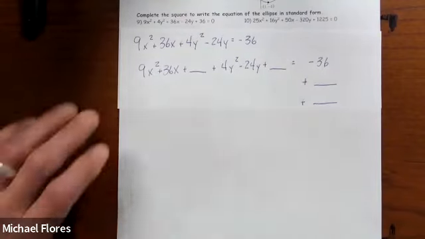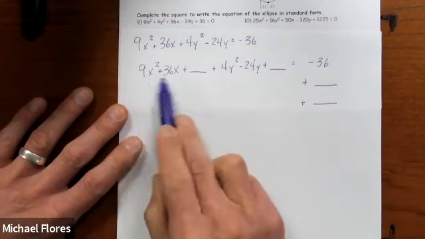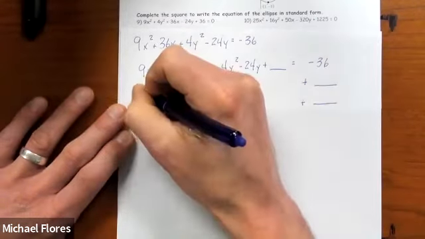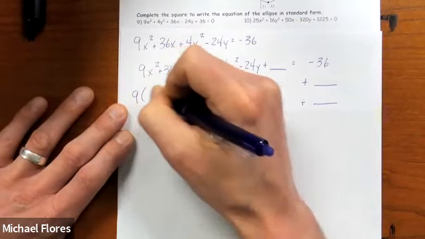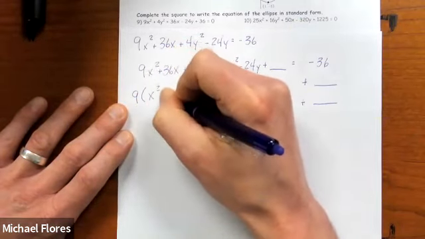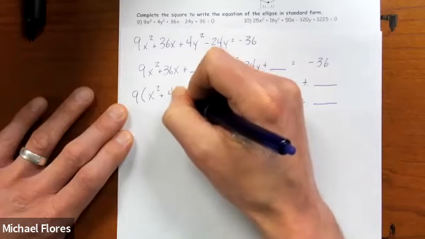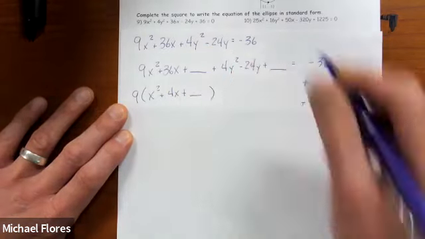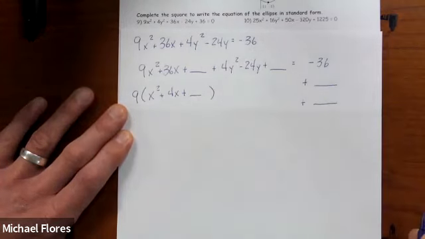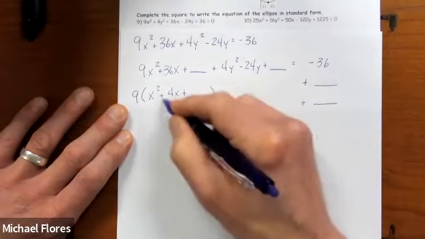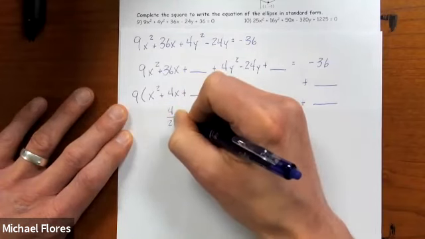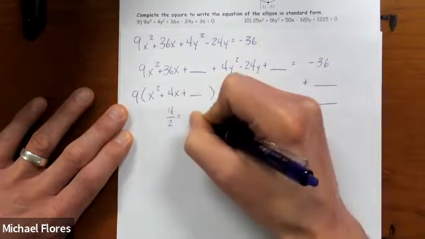Now, here's what we have to do. We have to factor out the number in front of x here in this case. So we're going to factor out a 9, and that would leave me with x squared plus 4x plus blank. And now we're going to start the process of completing the square by taking our b value here, divide it by 2. That would give us +2.